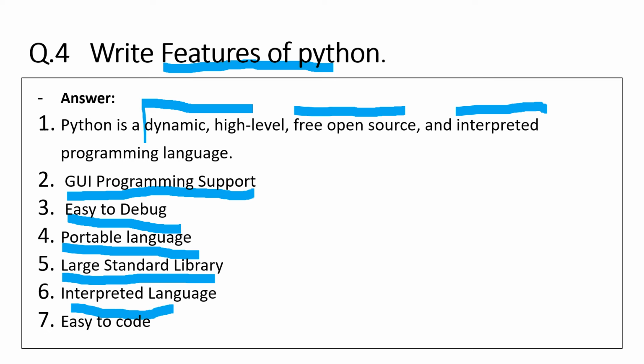It is an interpreted language and it is also interactive, which means the user can interact with the interpreter directly while writing programs on the Python prompt. And one more feature is it is easy to code. These are the features of Python language. Python is very easy to understand, so it is known as a beginner's language.